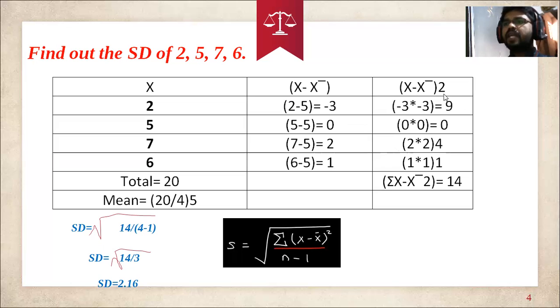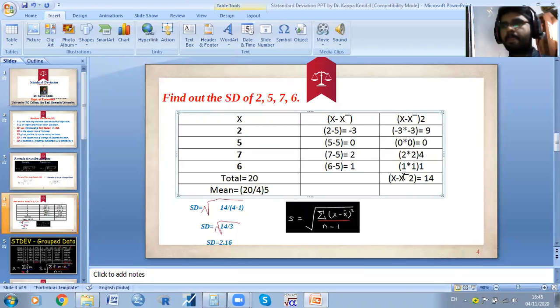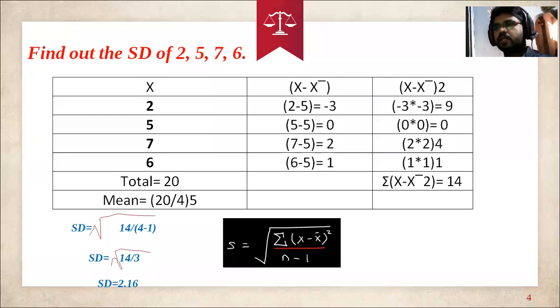After getting these values, what do we have to do? The summation of (x minus x bar) whole square. We need to add these squared deviation values. The sum of (x minus x bar) square: see how it comes.